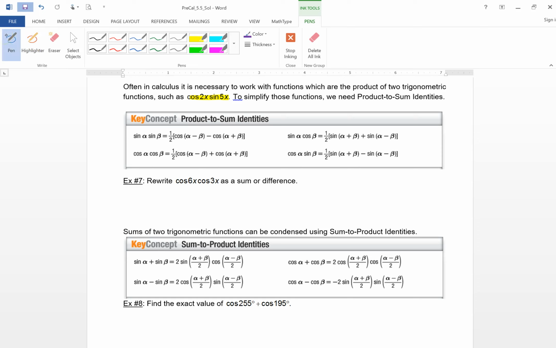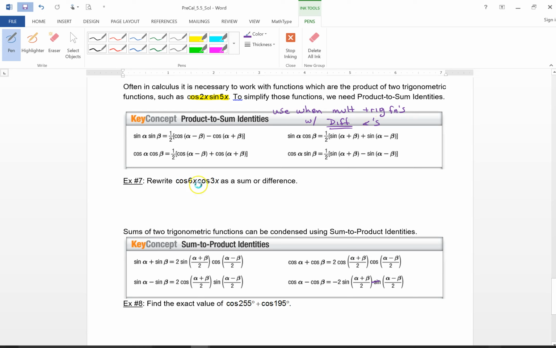Yeah, so look, you use these when you have sine of something, cosine of something else, or sine, cosine, and they're different angles. So use when multiplying trig functions with different angles.